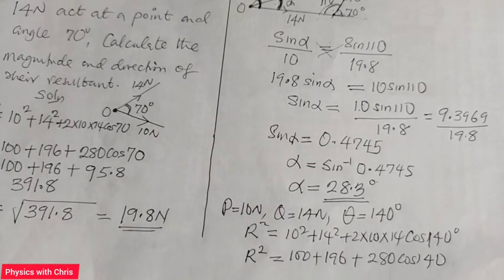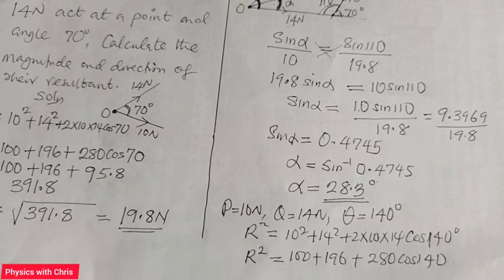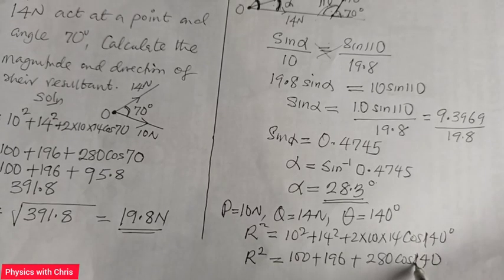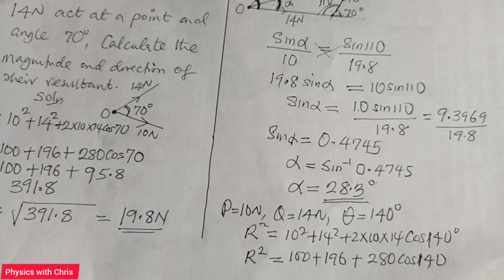Now when I get back to my calculator to find cos 140, it will be negative, yes, because 140 is in the second quadrant. So cos 140 multiplied by 280 will still give me a negative result, minus 214.